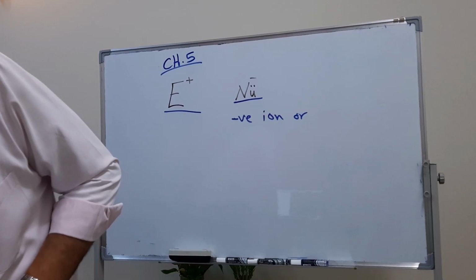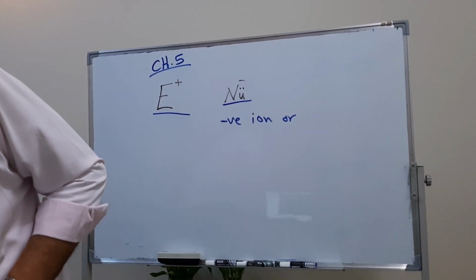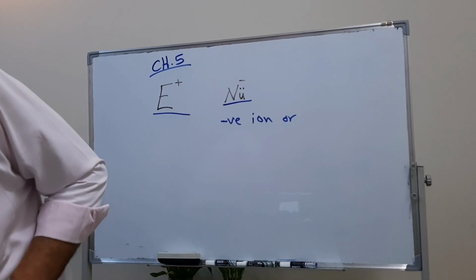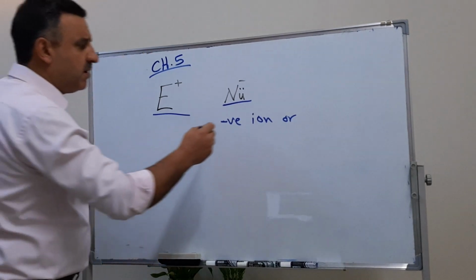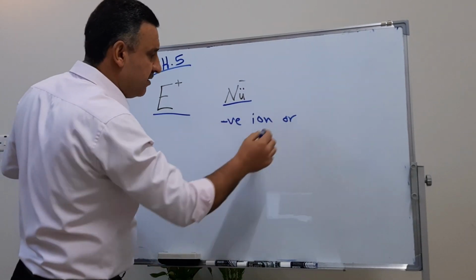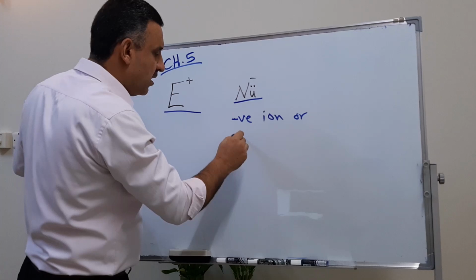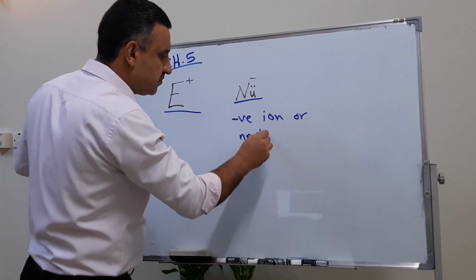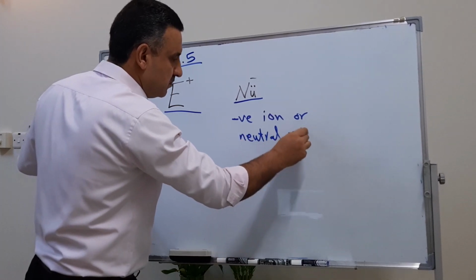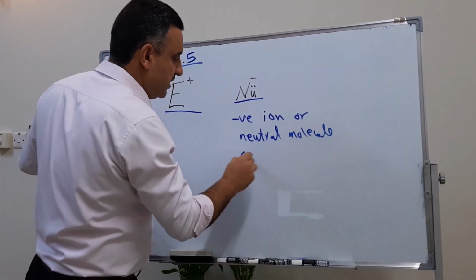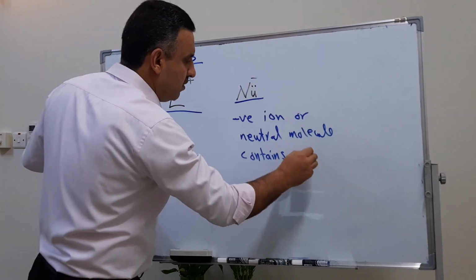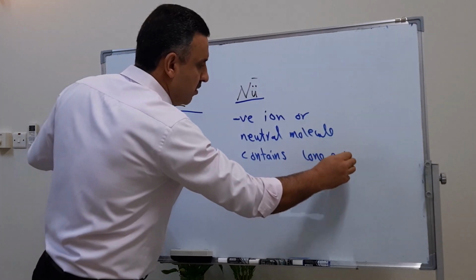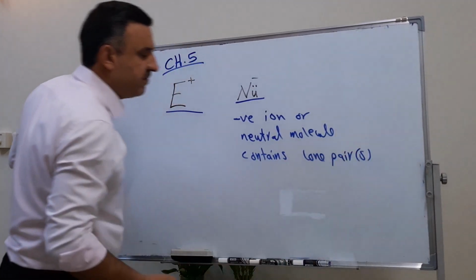All right, again. So the nucleophile could be any negative ion, or a neutral molecule that contains a lone pair or pairs of electrons.